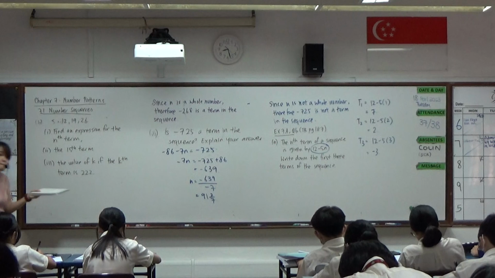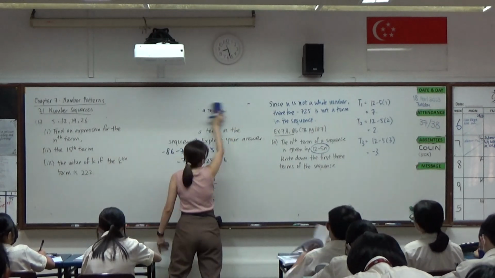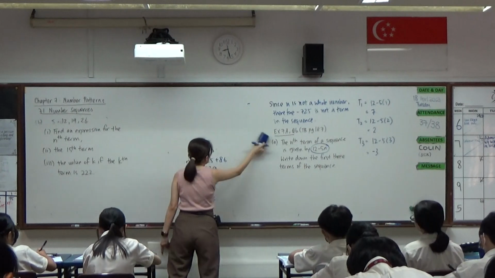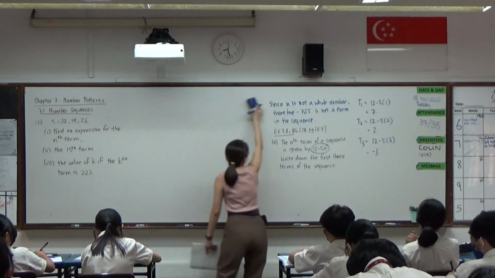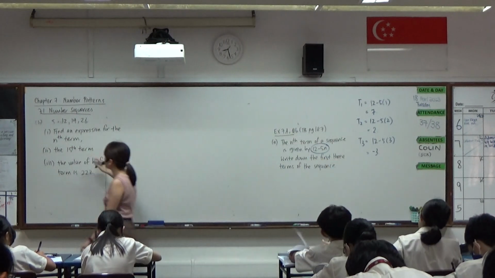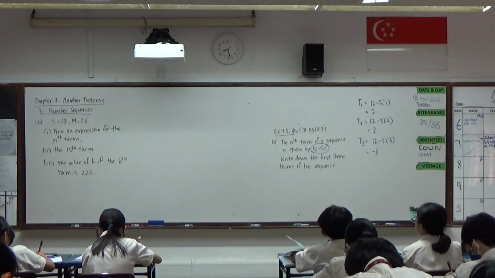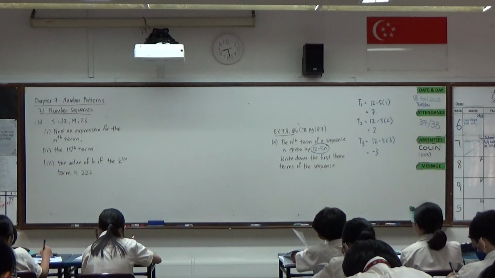Any questions so far? Alright, then let's take a look at part B of that same question. They gave you this number sequence 5, 12, 19, 26. We want to find the expression of the nth term.